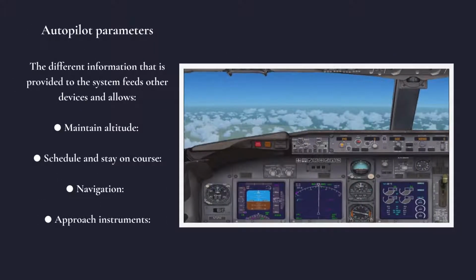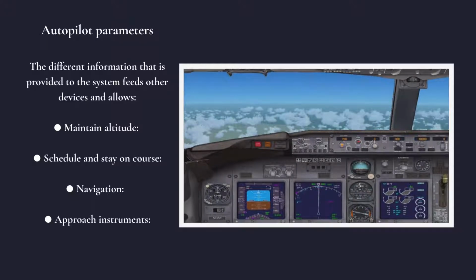Autopilot parameters. The different information that is provided to the system fits other devices and allows to maintain altitude. The pilots raise or lower the aircraft based on the information they exchange with the controllers.